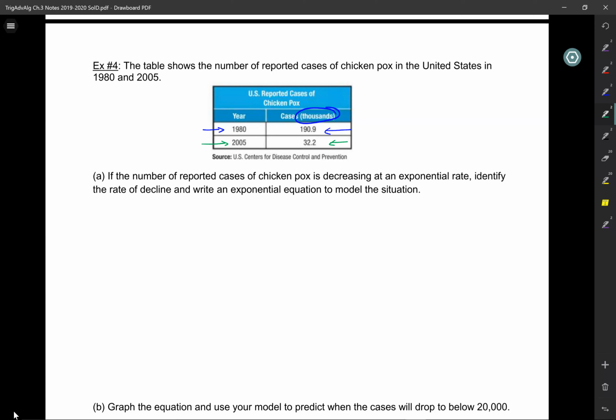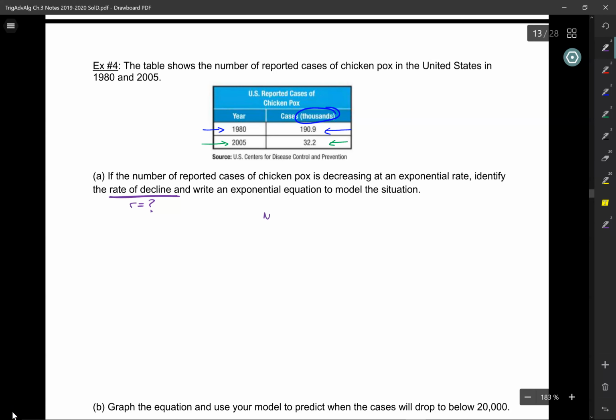If the number of reported cases of chickenpox is decreasing at an exponential rate, identify the rate of decline. So that means we want to find what r is and write an exponential equation to model the situation. All right.